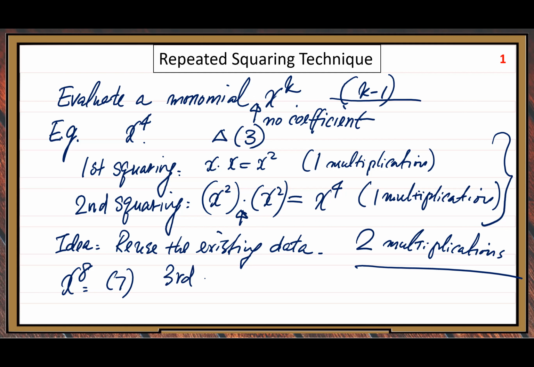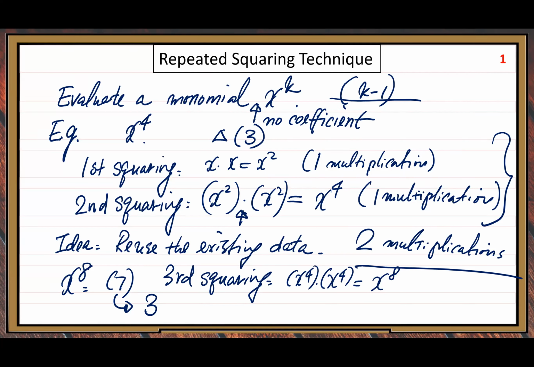Continue from x to the 4th: x to the 4th times x to the 4th, one more multiplication, and we get x to the 8th. You can see 7 is reduced to 3. How big is that? Think about that.